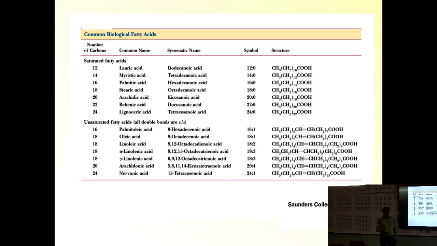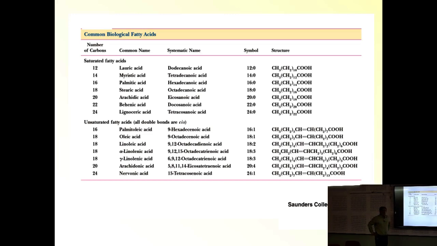Icosanoic acid, here you have to remember icosanoic acid. Docosanoic acid, so 22. Similarly, tetracosanoic acid. Icosanoic means 20. You have to remember.